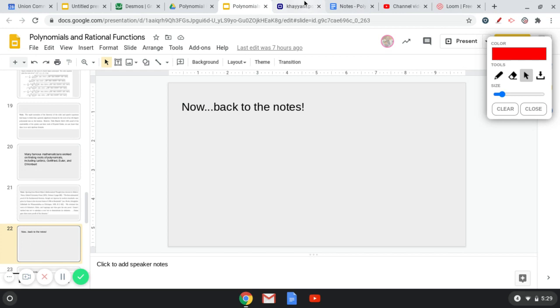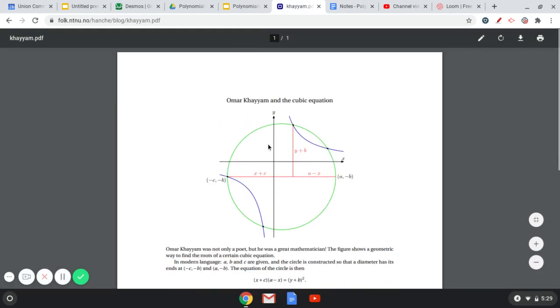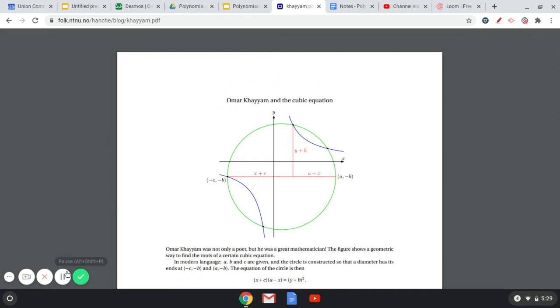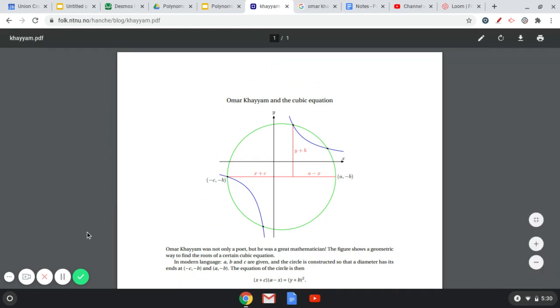And now, before we go to the notes, I want to talk about this guy, Omar Khayyam. He is from Iran. I'm saving the best for last here because this mathematician, oh man, he was forever ago, year 1100 AC, I think, or somewhere around there.